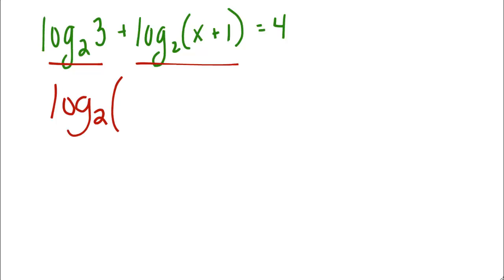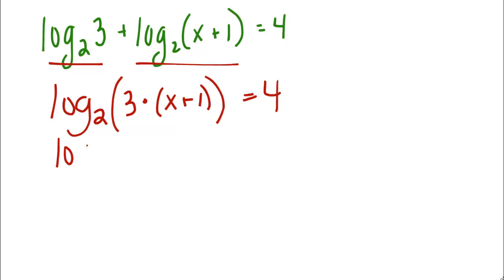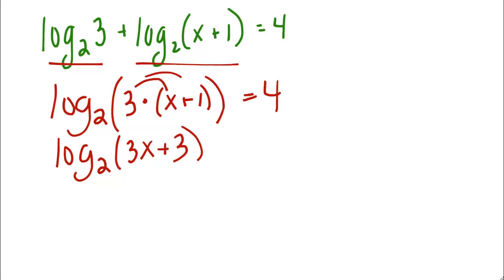Log base 2 of 3 times x plus 1 is equal to 4. I used the product property of logs. And actually, I can simplify what's in the parentheses. Log base 2 of 3x plus 3. Notice I distributed that 3.